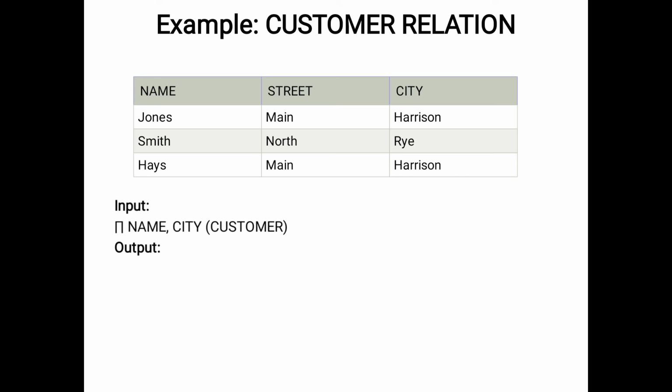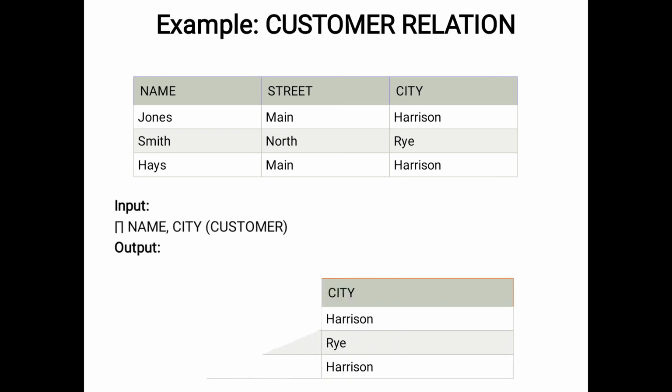In this situation, if we apply the SQL query, we will write select name, city from customer. So here we select only some fields. Please observe the output. Here the output is displayed with the name and city fields from the customer table. This is the use of project operation.